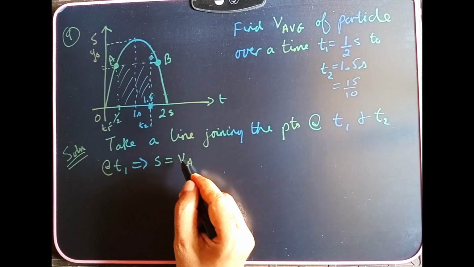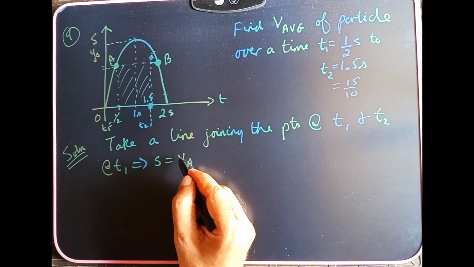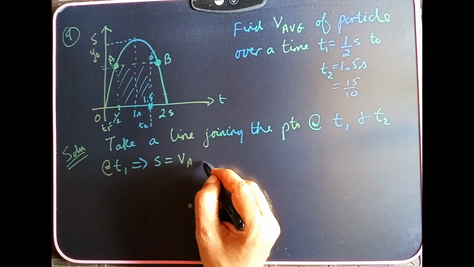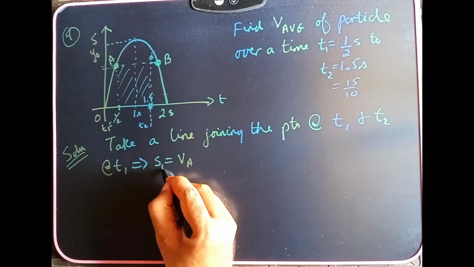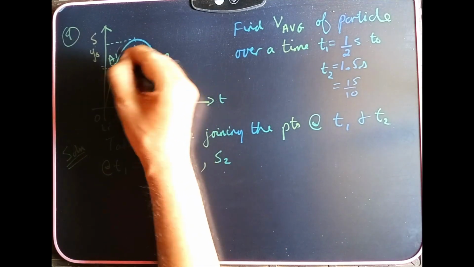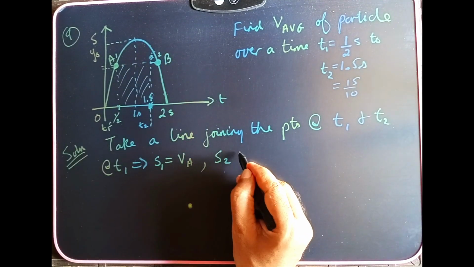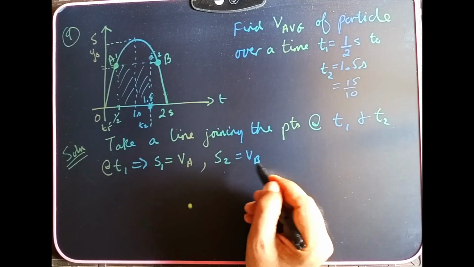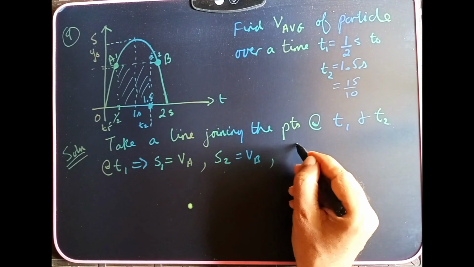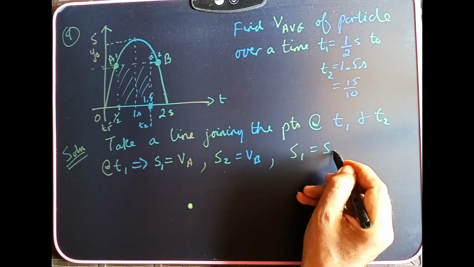I'm not saying this is velocity, I'm just saying some value Va on the s. This is the first point, s1, and this is the second point, s2, which will be Vb. We know that s1 and s2 are the same because they are symmetric.